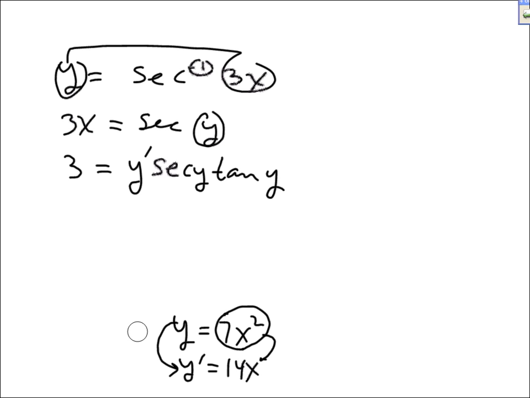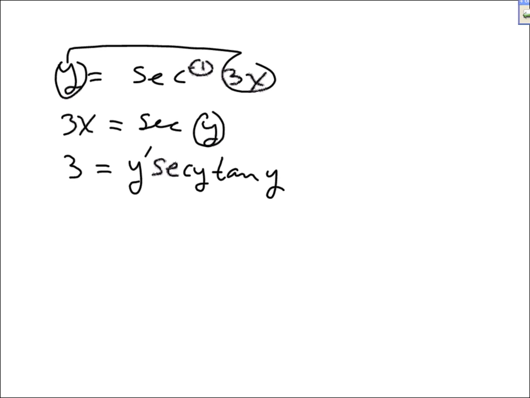A lot of students don't seem to know that. If we're taking the derivative with respect to x, the derivative of y is dy dx or y prime. Okay, so we divide both sides by secant y times tan y.